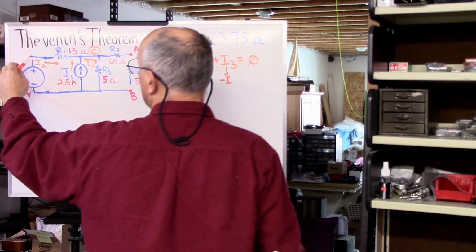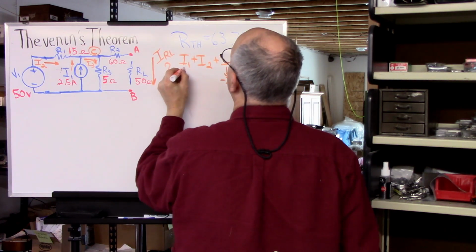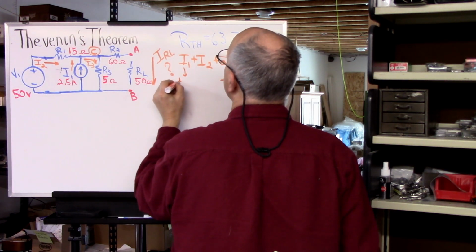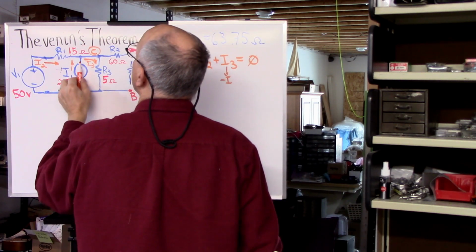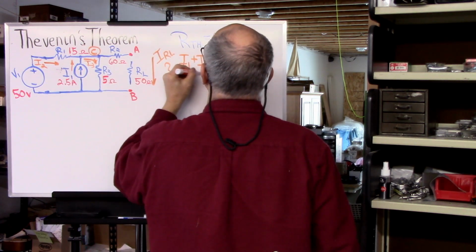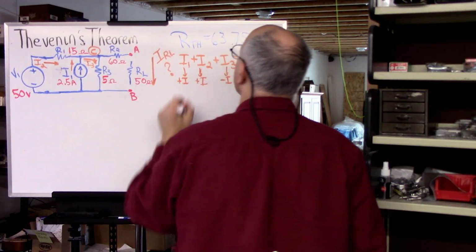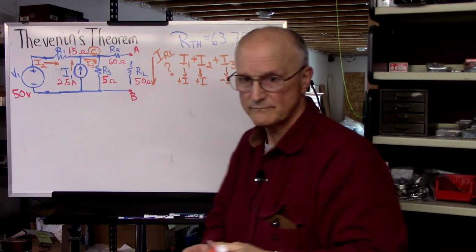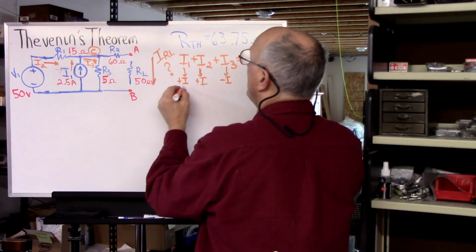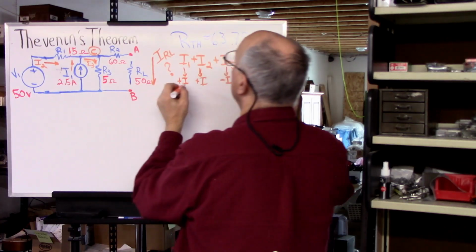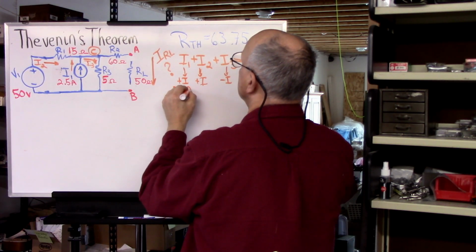We know I2 is positive because it's going into the node. And I1 is going into the node, and so it also is a positive current. And we know that I1 is 2.5 amps.